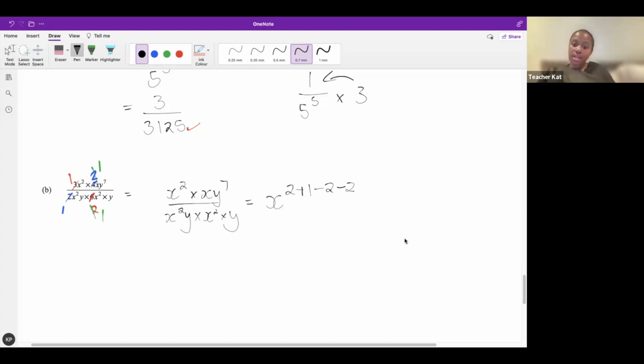Is there anyone that I just confused with that step before I move on? Is there anyone that might need more clarification of what we just did there? Okay, we all did it in one step, okay? Remember, when you are multiplying, you add. So you say 2 plus 1, which is over there.